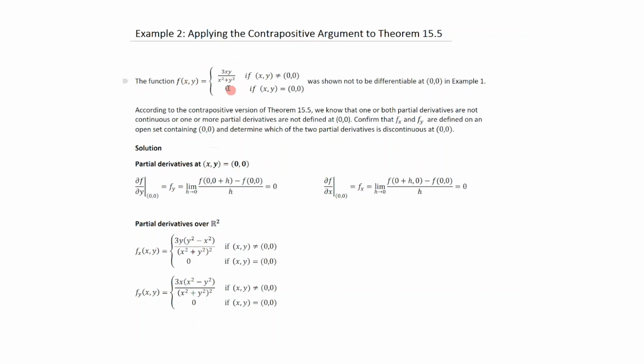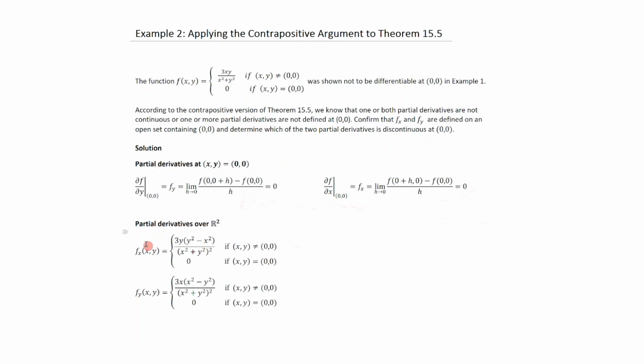Because we've defined the function to be 0 there, we can use the definition of the partial derivative to compute what fy is at (0,0). This is the calculation I did on the previous page, just repeated here. And for fx at (0,0), we have this value. So the partial derivatives at the point (0,0) do exist.